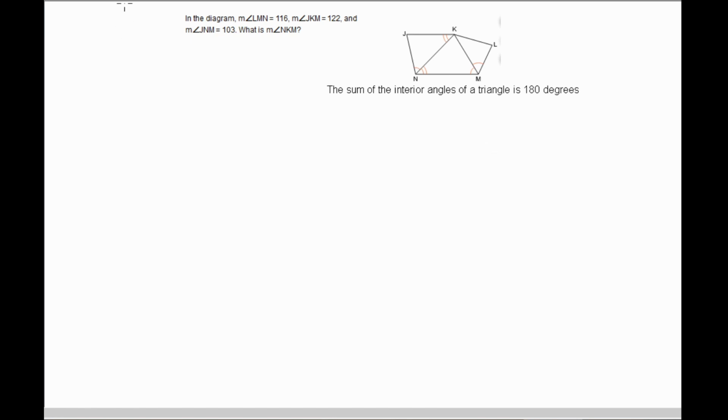I'm going to start by color coding as usual. I have the measure of angle LMN is 116, so I'm going to say L to M to N is 116. That's this whole angle here, and that's 116. Then I have JKM is 122, so let's highlight that in a different color.